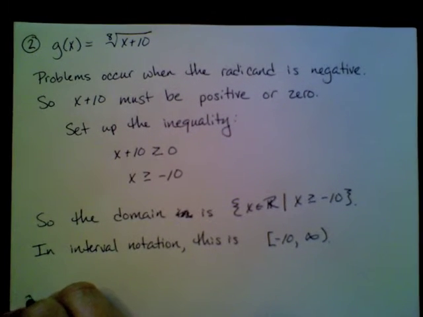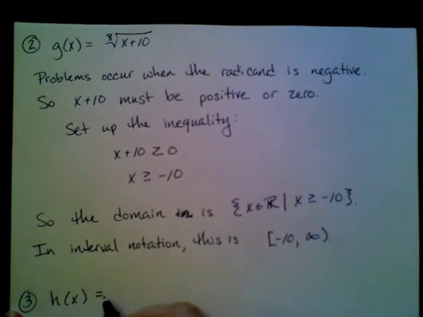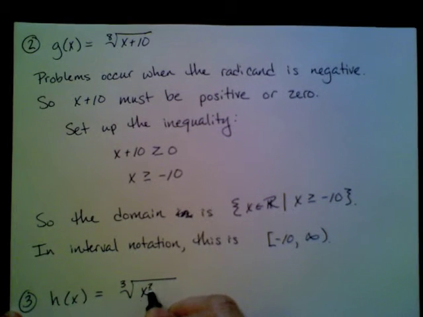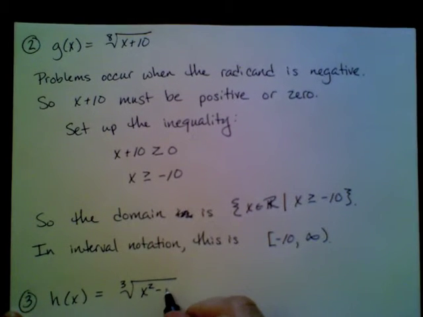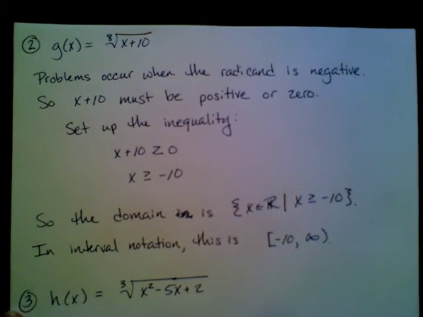All right, next we're going to have another radical function. We'll call this h of x. And that is the cube root of x squared minus 5x plus 2. Make my bar go all the way across there.